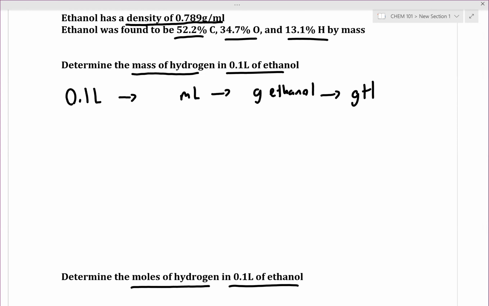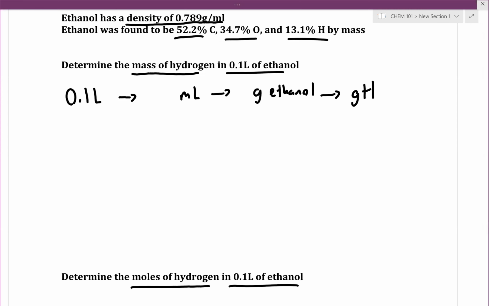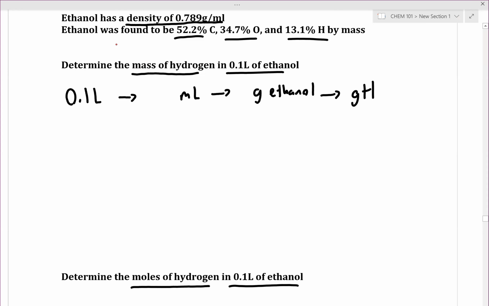Yes, we are. Okay, perfect. So now let's talk about each conversion factor that we'll use. To go from the volume to the mass, we'll use density. To go from the mass of ethanol to the mass of hydrogen, we'll use the mass percentage of hydrogen. Perfect. Now we're ready to execute on this problem.